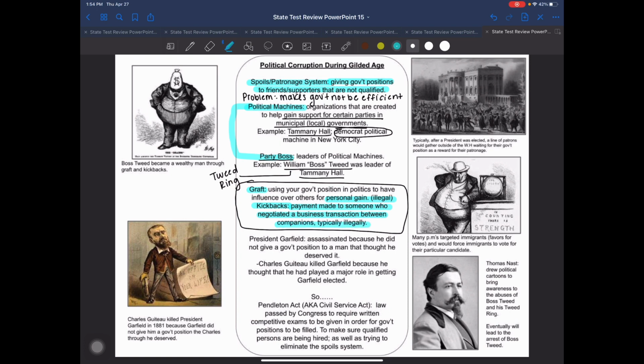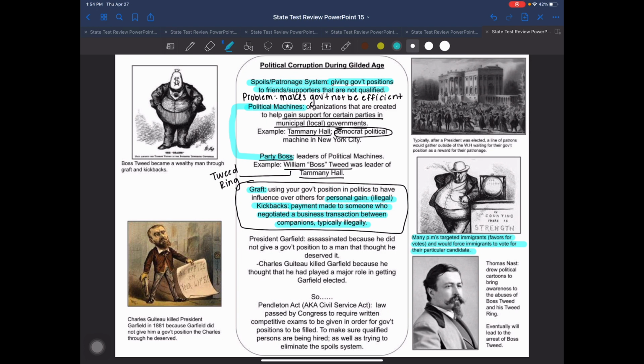So, let me give you an example. Boss Tweed in New York City, he has a lot of pull. And one of the reasons he has a lot of pull is over here to the right. You can see a lot of political machines would target immigrants. And they would meet these immigrants on the docks as they were coming into the United States of America.